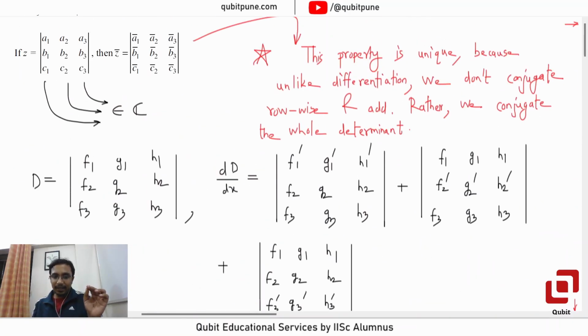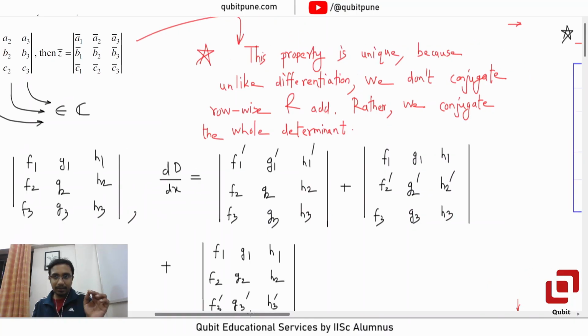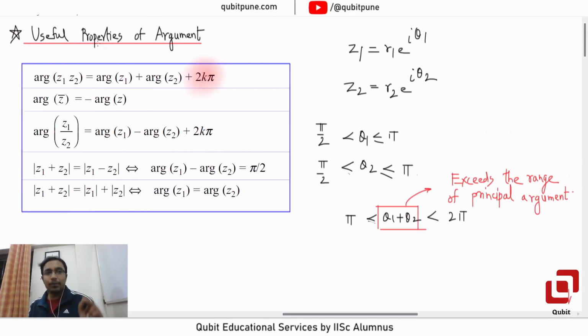It is correct to remember that the argument of the product is the addition of the arguments, pretty similar to the rules of logarithms, that log of AB is log A plus log B. But here there is something else attached to it, and that is 2k pi. Do you realize that? Yes, k should be an integer.